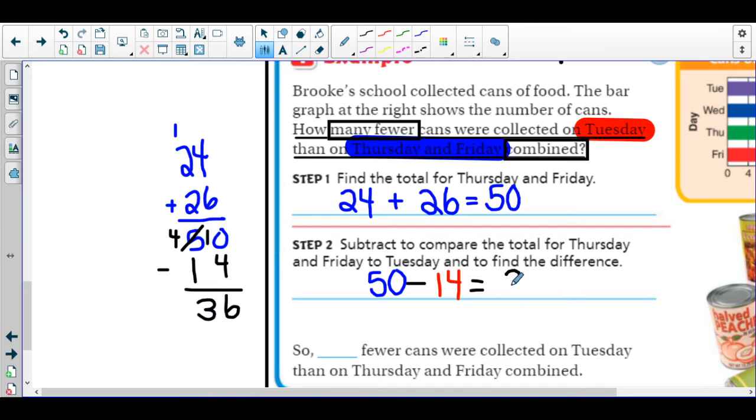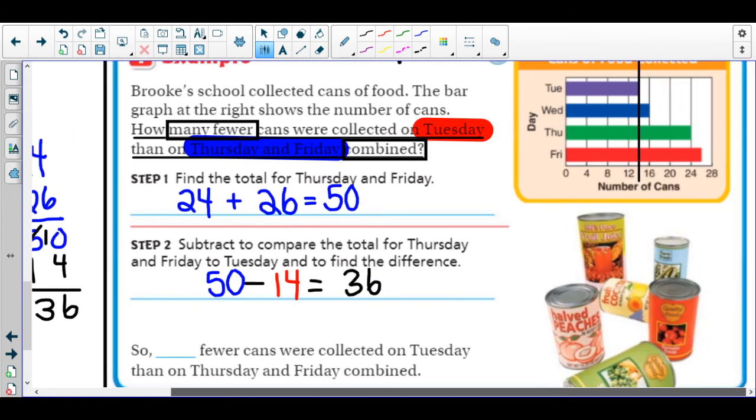So that equals 36. So 36 fewer cans were collected on Tuesday than on Thursday and Friday combined.